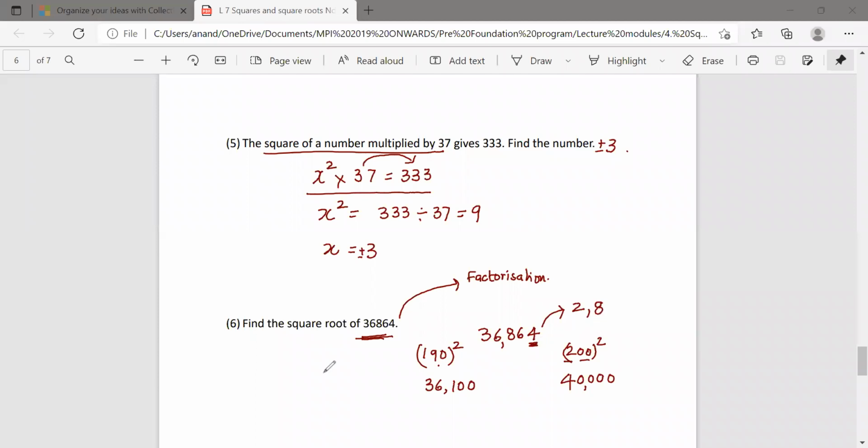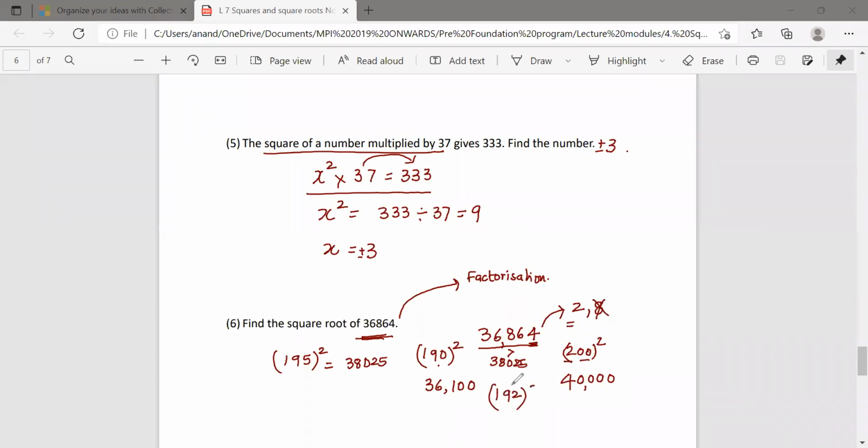And now when I find 195 square, I get it as 38025, which is greater than this. Therefore, this cannot be 198 square. So this is 192 square.